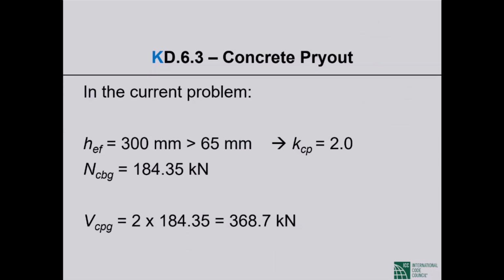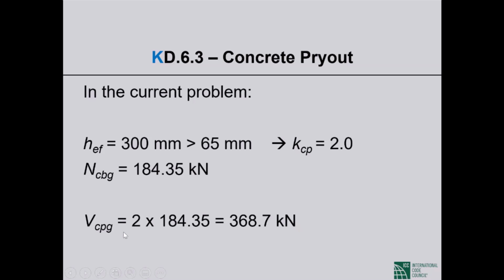In our case, we have embedment depth far exceeding 65 millimeters, so we have a K of 2. The breakout strength in tension, if you go back many pages, was calculated at 184.35.